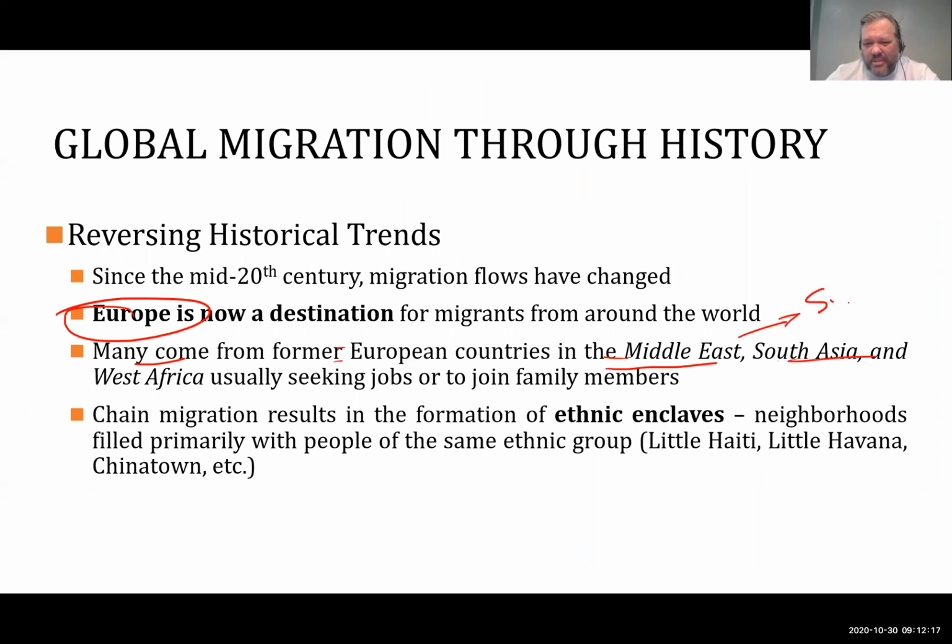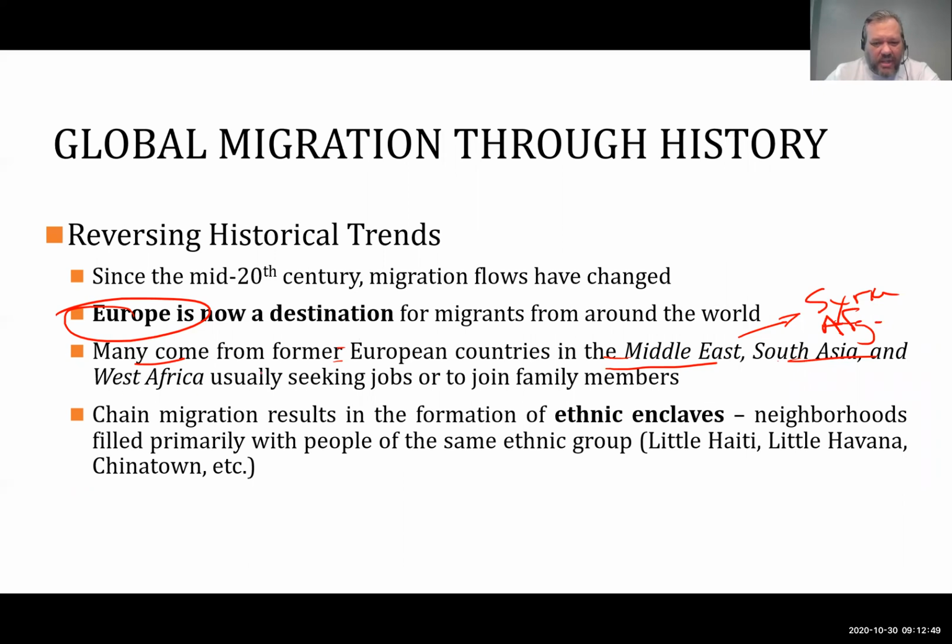If we're looking at the Middle East, Syria is a country that's experiencing civil war, Afghanistan, where war has been going on for quite a while, the U.S. and others. And so, Europe has become, because of location and opportunity, one of those destinations that people are going to a lot. Remember, though, the U.S. is still, in terms of numbers, the largest place for net migration.